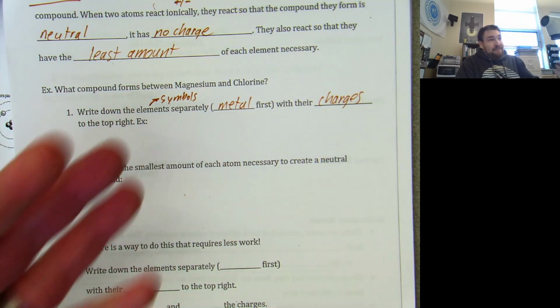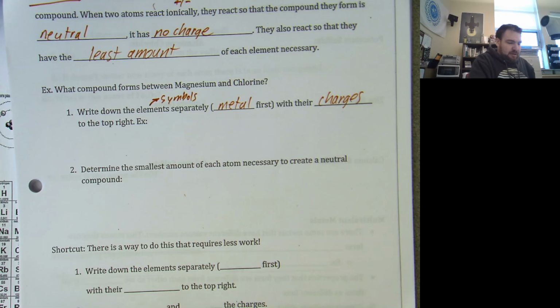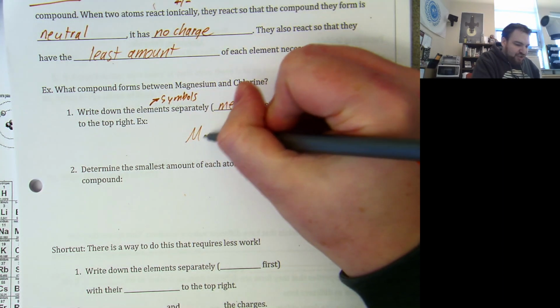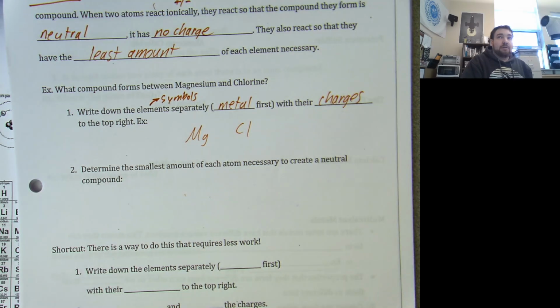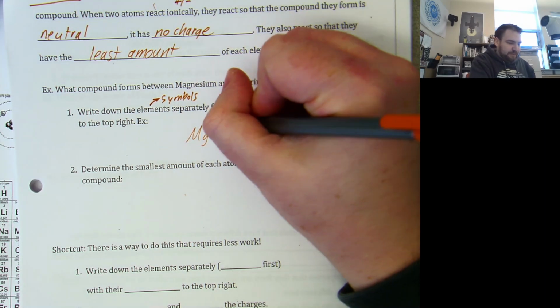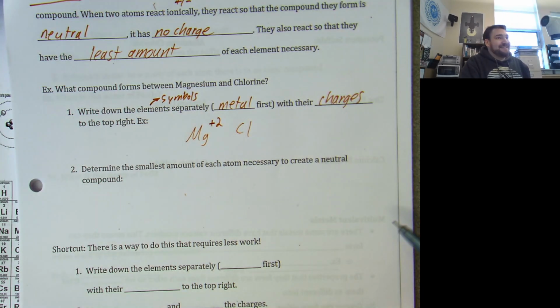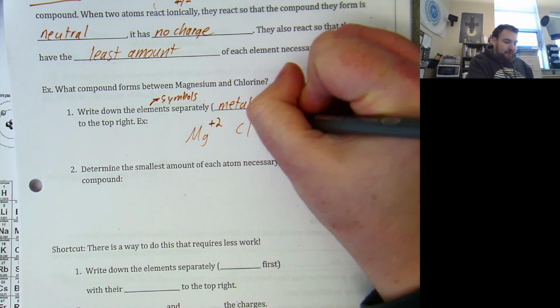So if I want magnesium and chlorine to react together, I'm going to have Mg and I'm going to have Cl. At this stage, I don't know how many of each. The charge on magnesium is what? It's +2. And the charge on chlorine is -1.